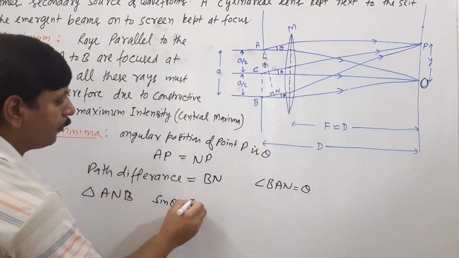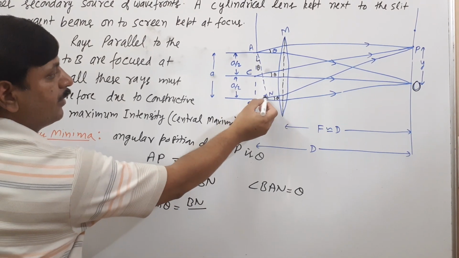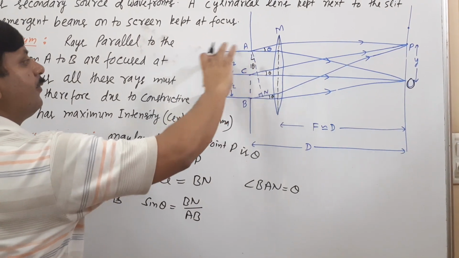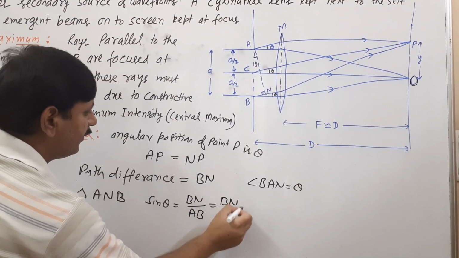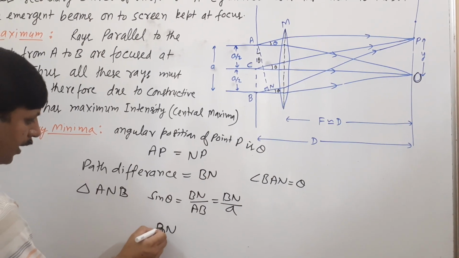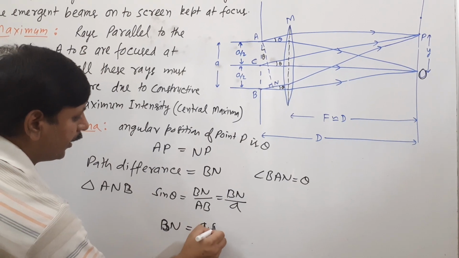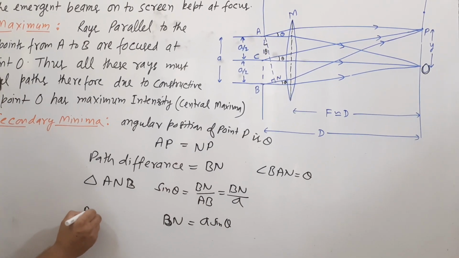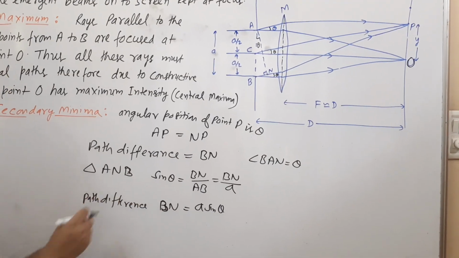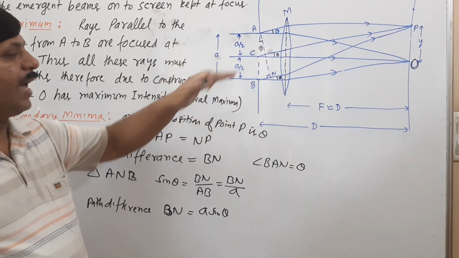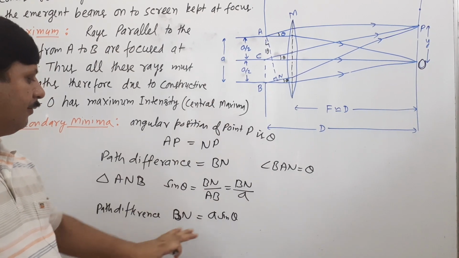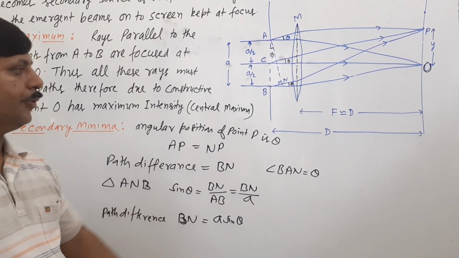So sin theta is equal to perpendicular upon hypotenuse, which is BN upon AB. The width of the slit AB is a, so BN is equal to a sin theta. The path difference between the rays coming from the end points A and B of the slit will be BN equal to a sin theta.